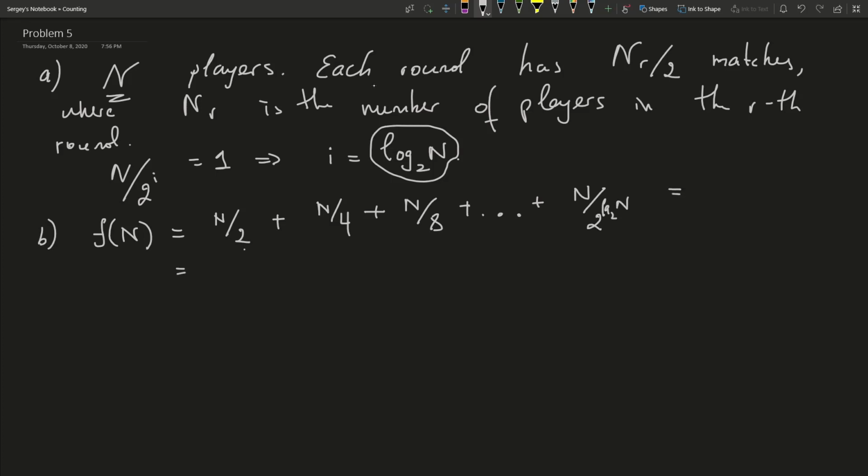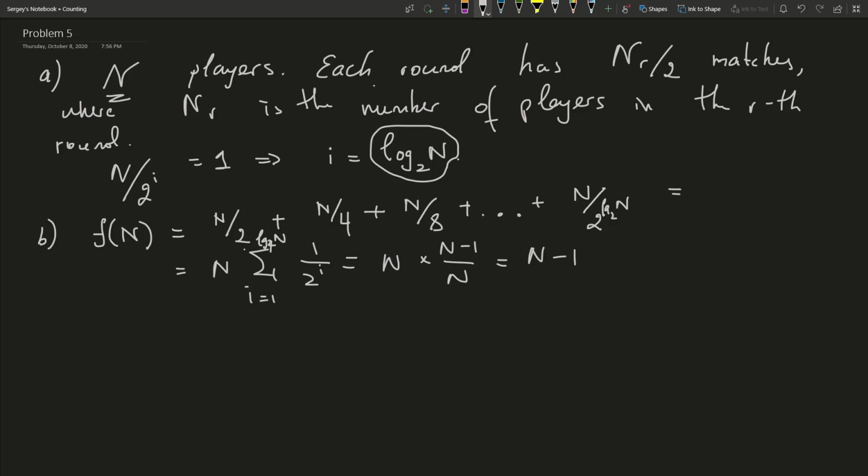So we can write this in summation notation, and we can even factor the n out. I starts from 1 and goes to log base 2 of n, and we have 1 over 2 to the power i. This summation equals n minus 1 over n, which gives us n minus 1.